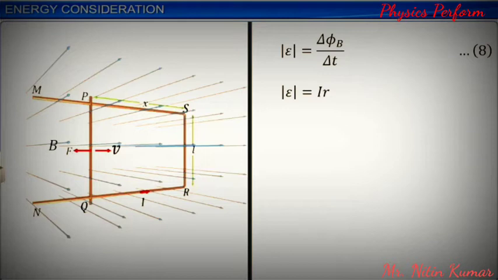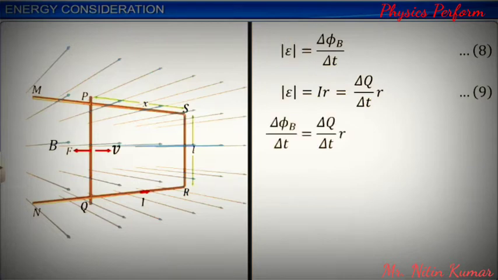But rate of charge flow is current. Hence, current can be replaced by delta Q by delta t. Let this be equation 9. The left-hand sides of equations 8 and 9 are equal. Equate the right-hand sides to arrive at the equation delta Q = delta phi B by R.